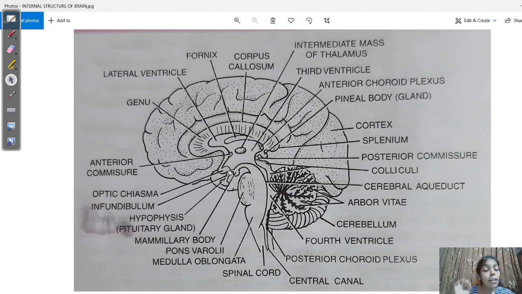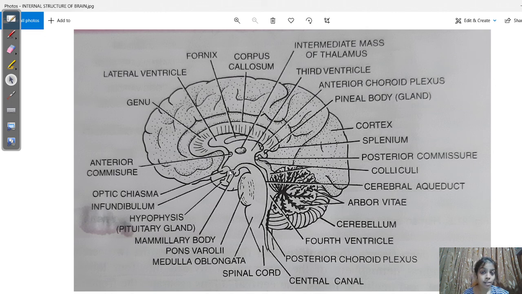Hypothalamus releases certain hormones which stimulate the pituitary gland so that it can function properly. Which means if somehow hypothalamus is damaged, many organs of our body will be affected, because pituitary in turn has got a control over many endocrine glands. So this is one function.